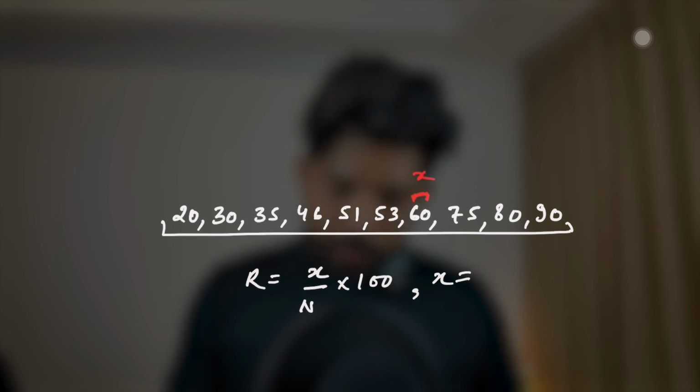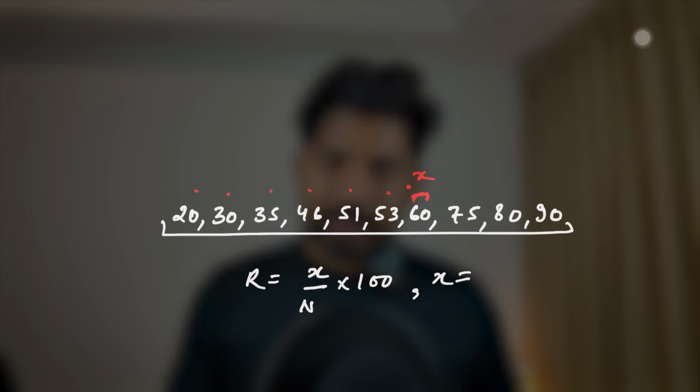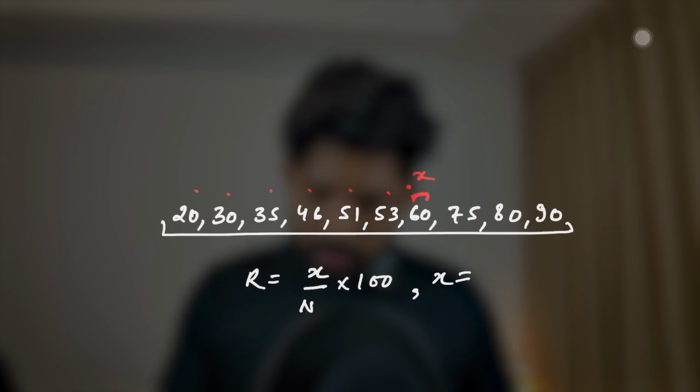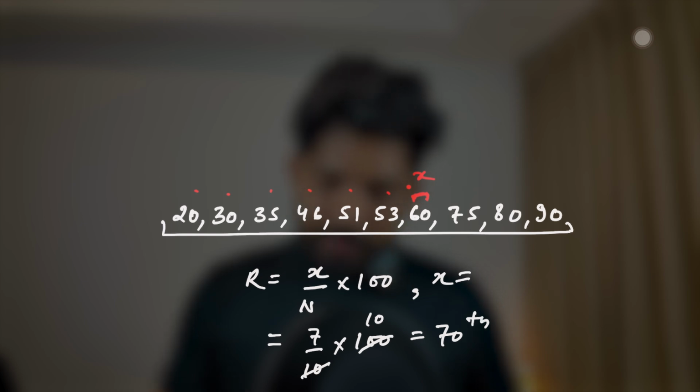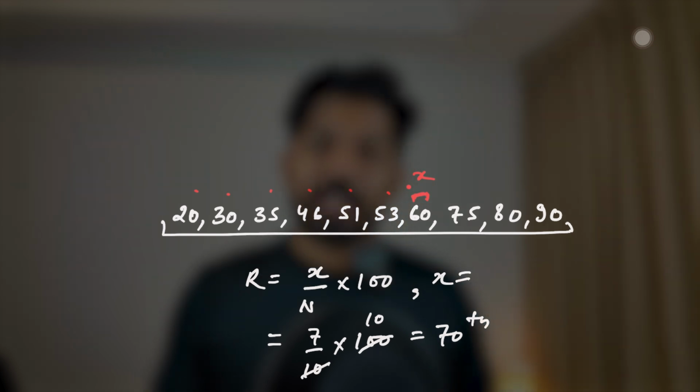So here we have 1 2 3 4 5 6 7. So here x is equal to 7, n is the total number of values, which is 10. If we plug in all the values, we get 7 over 10 multiplied by 100, and the rank will be 70th. So we can say the 60 is at the 70th percentile.